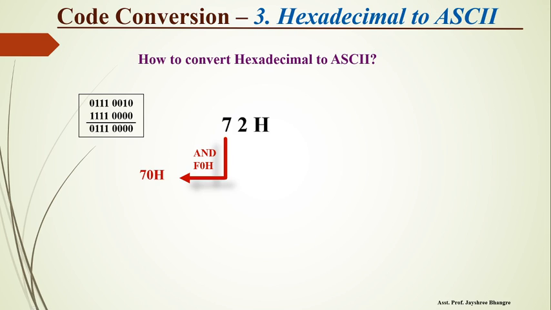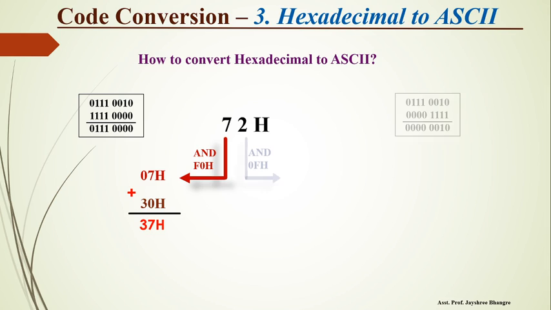So it becomes actually 70H. What we have to do is add this digit to 30H, so we have to swap the digits first. After swapping, we get 07H. Then we add 30H and we get the ASCII value for 7, which is nothing but 37H.